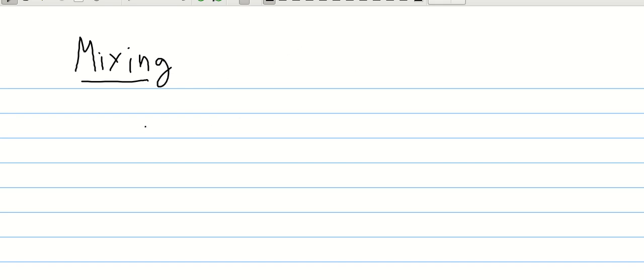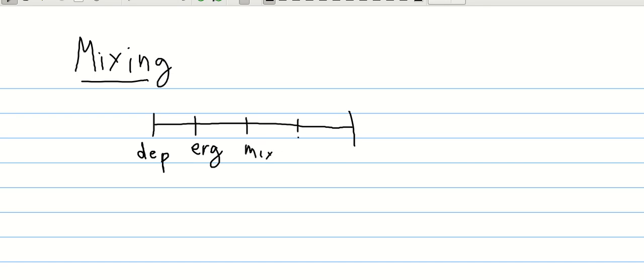So we'll draw a line by the end of this lecture where things here could be completely dependent, but then they can be ergodic, then they can be mixing, then they can be quantitatively mixing, and then they can be IID. So this is one way to see ergodicity as one step towards independence.